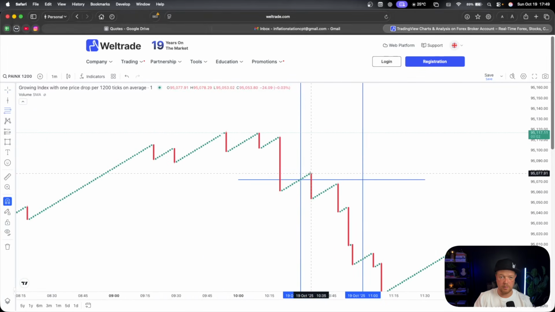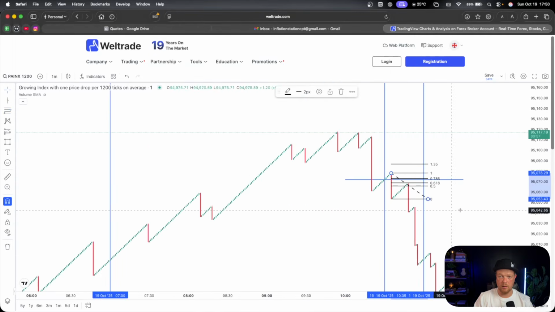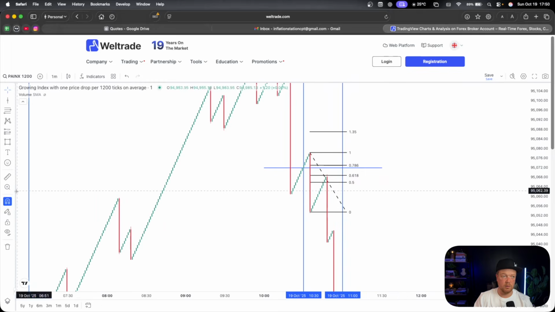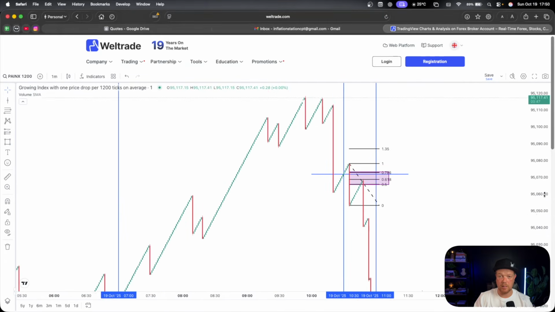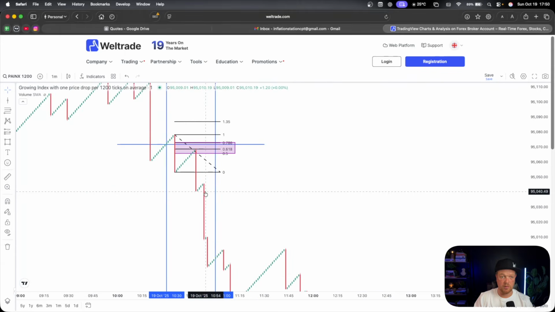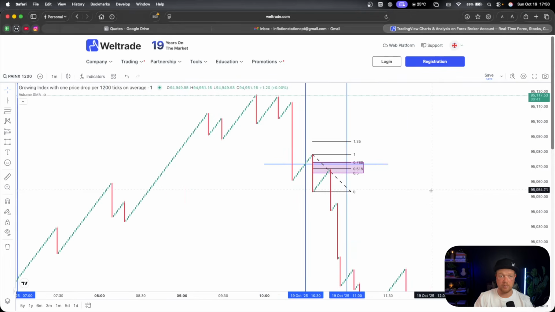Here is the candle that broke this low. So you draw from the high to the low. And as you can see, price came into our zone on the 50 and the 61.8, and you got one spike, two spikes, and you're out of the trade. So that's a nice scalping one.